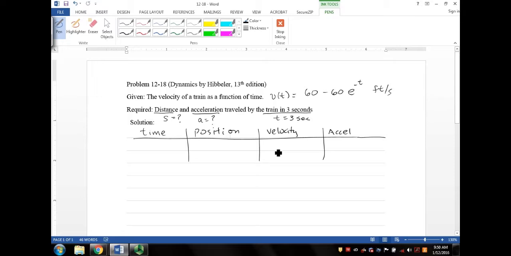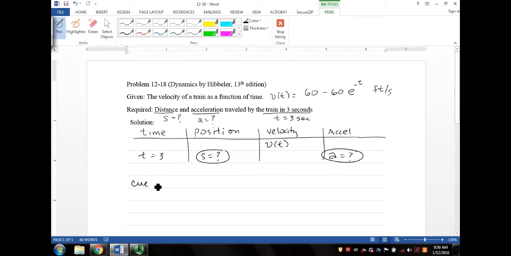We're only given this velocity as a function of time, and what they would like for us to find is the position and the acceleration at t equals 3.